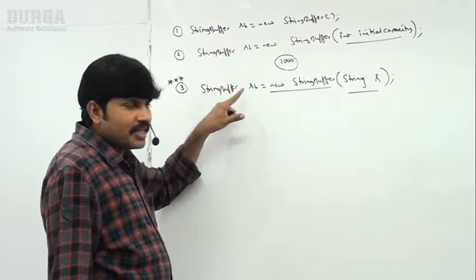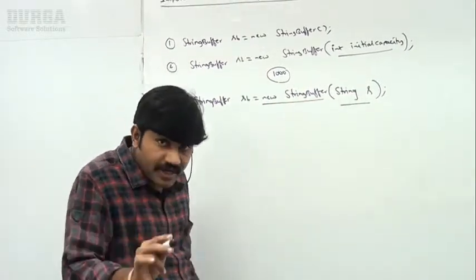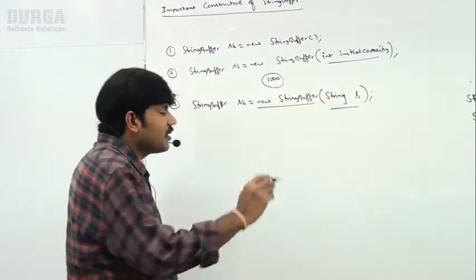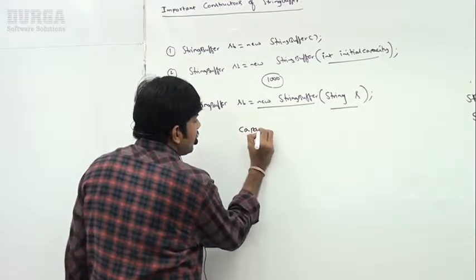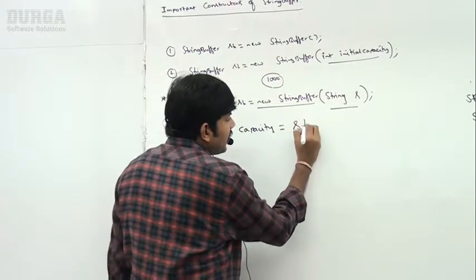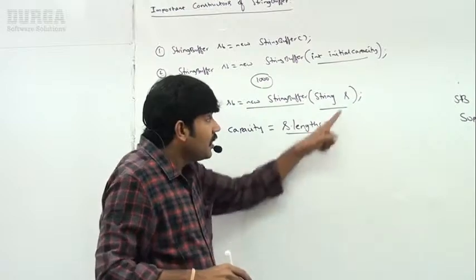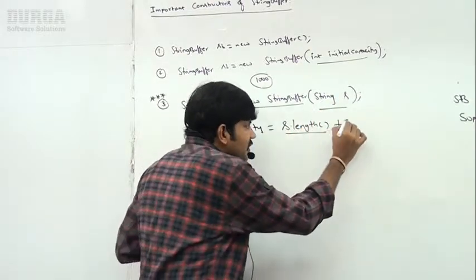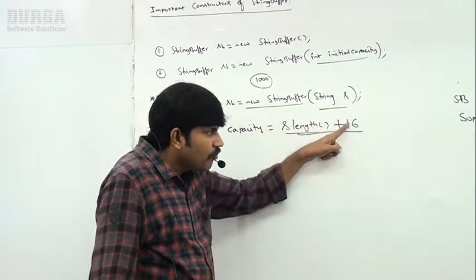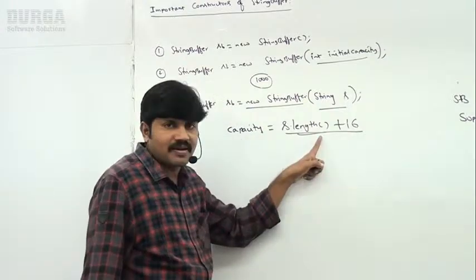StringBuffer sb = new StringBuffer(String s) creates an equivalent StringBuffer for the given String with the capacity equal to s.length() plus 16. This is the formula which happens internally.